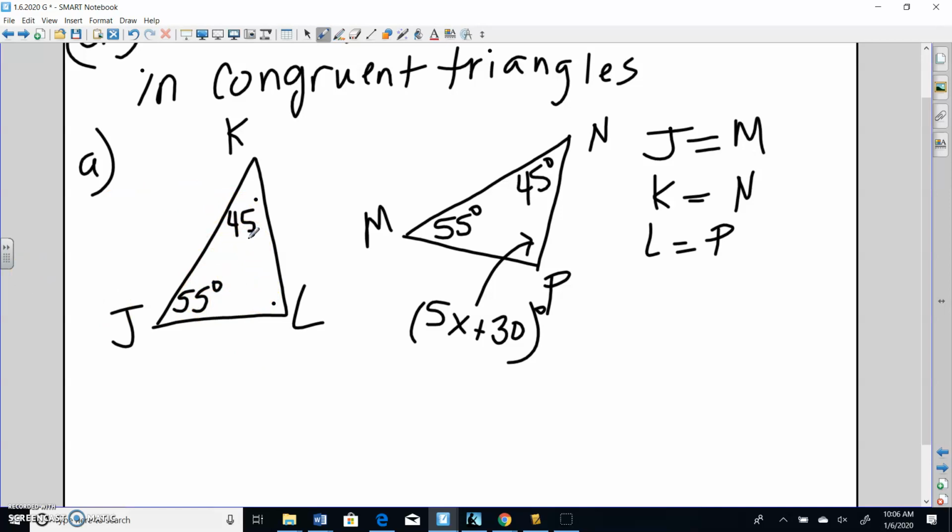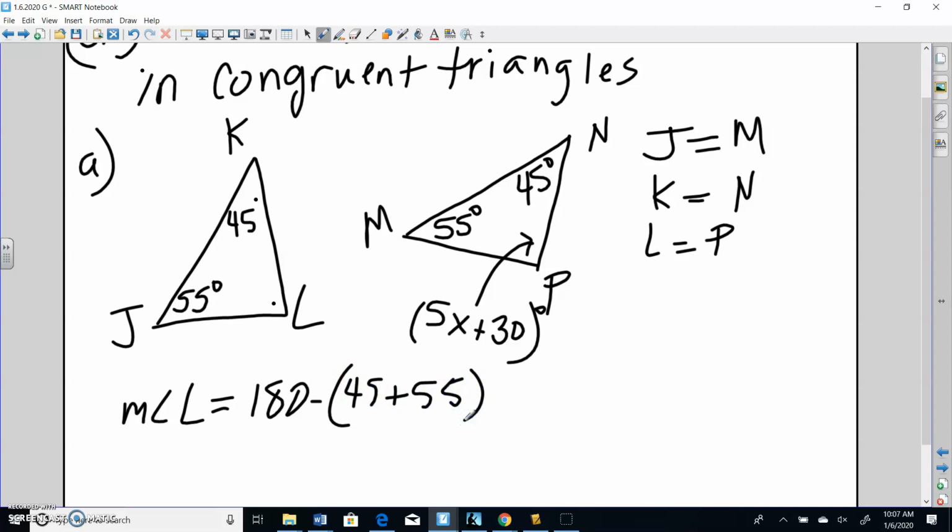So what we're going to do is to figure angle L, the measure of angle L equals 180 minus 45 plus 55. What's 45 plus 55? 100, maybe?